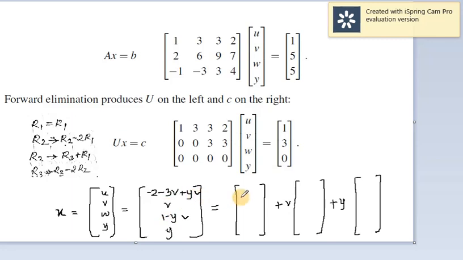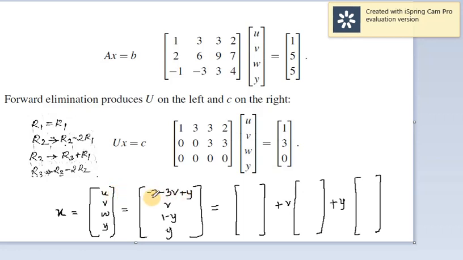Now let's write in this form, as a summation. We can see there is v and there is y in our equations, so let's write v and y. We have to write it for the free variables, not for our dependent or pivot variables.